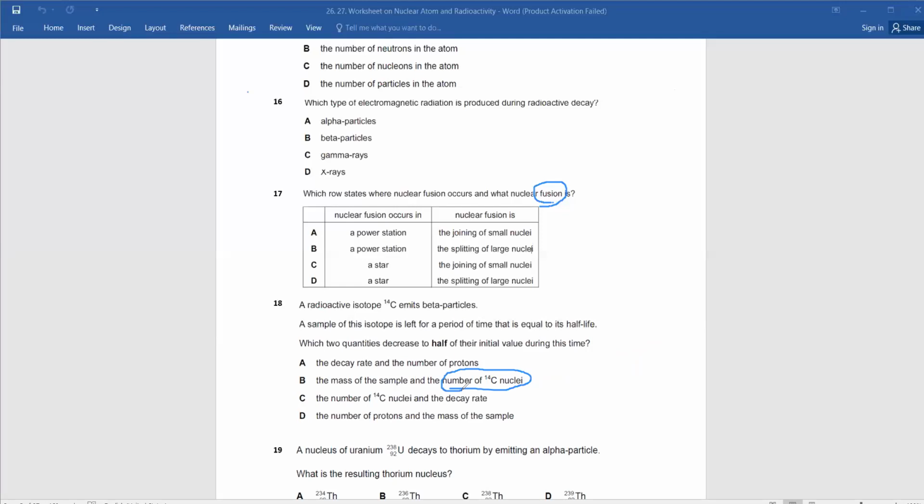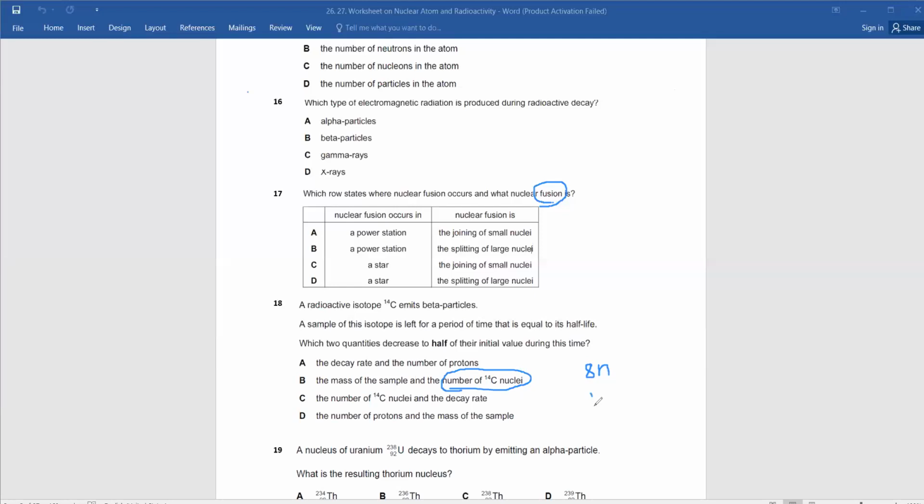By the beta decay, carbon 14 has 6 protons and 8 neutrons, so here we have 2 neutrons extra.